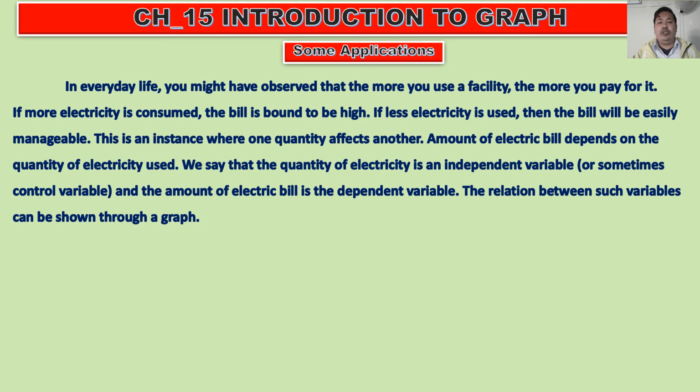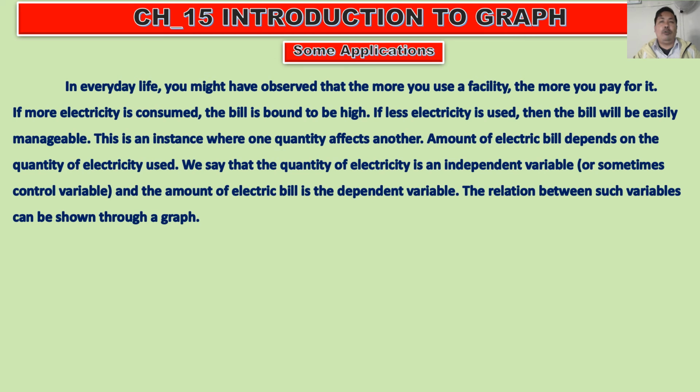So like that, two variables are there. One is dependent and one is independent. Independent variables are also known as the control variable. Okay, clear? One more example you can think about is the interest on some amount. For example, if you borrow 1,000 rupees, then you have to give 10% interest at the end of the year.